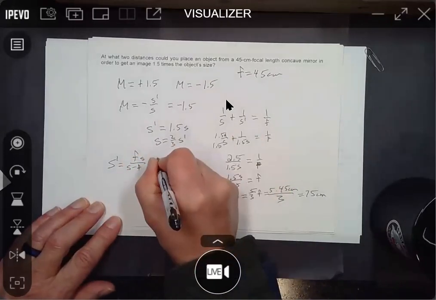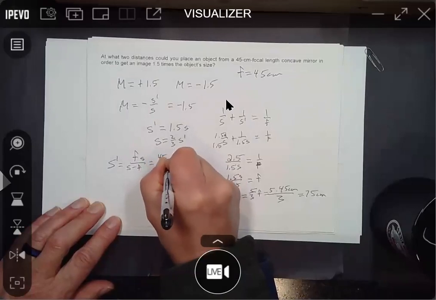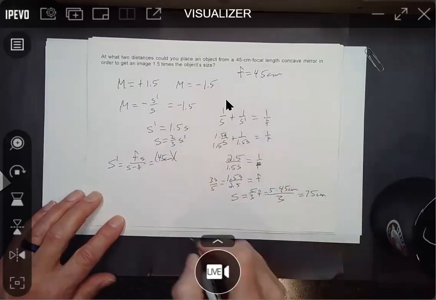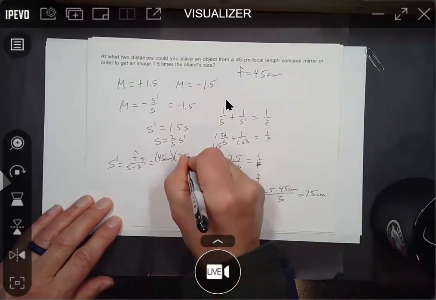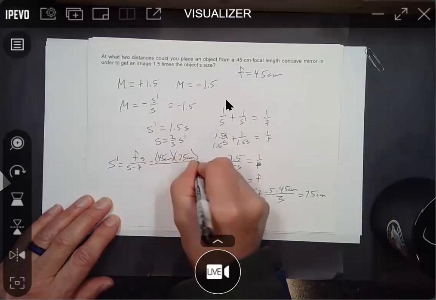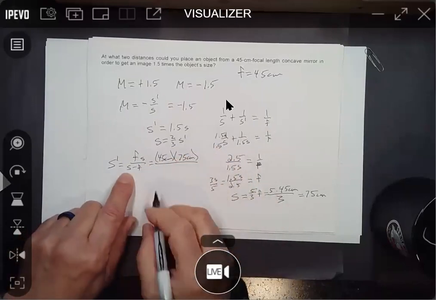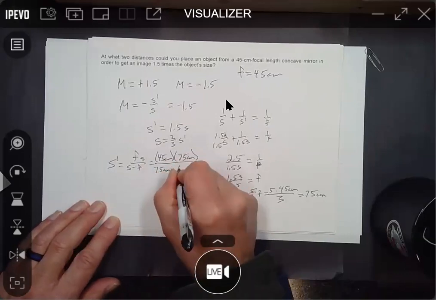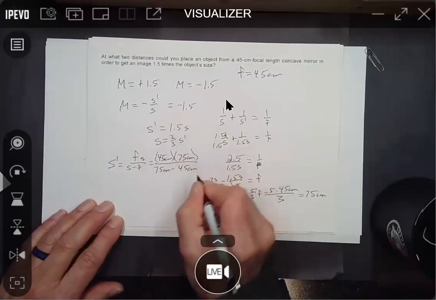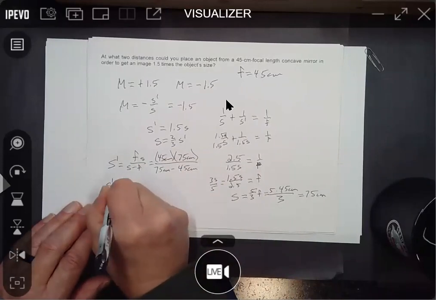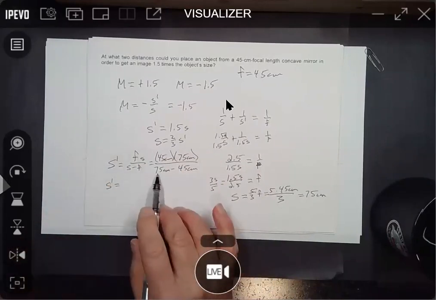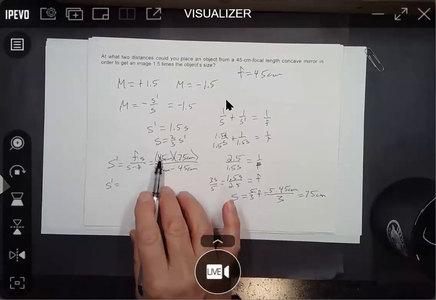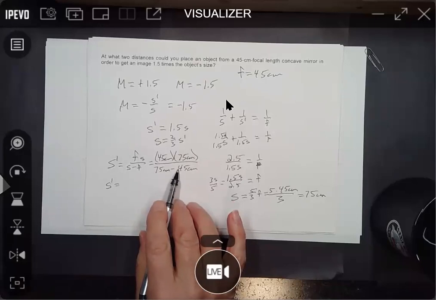In this case, that's 45 centimeters times 75 centimeters, over s minus f, 75 minus 45, which is 30 centimeters. Oh, rats.